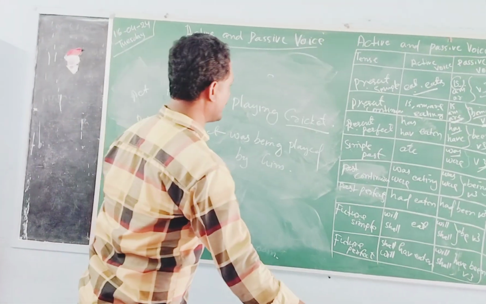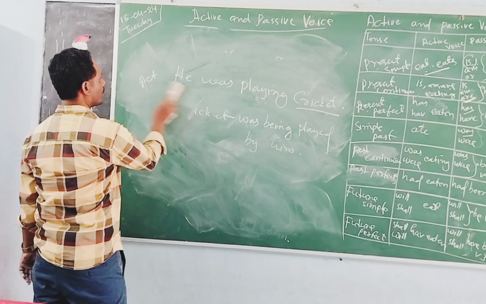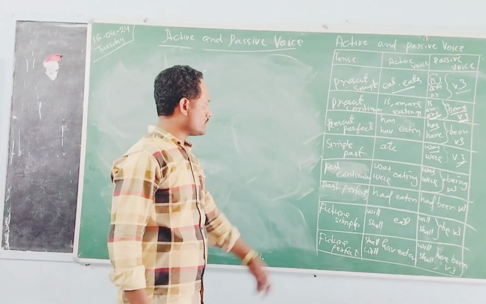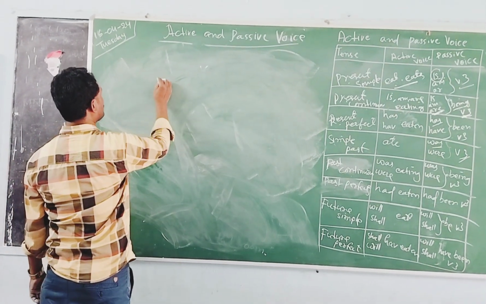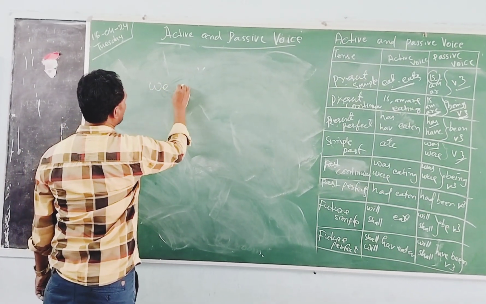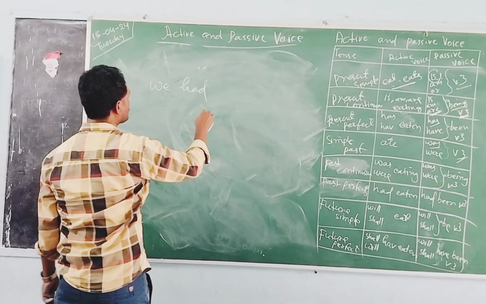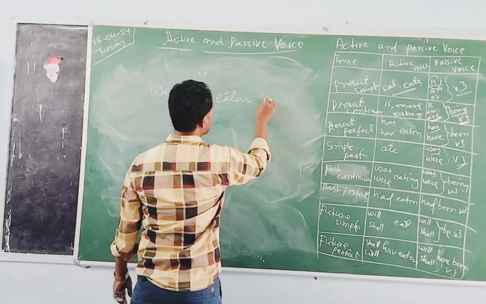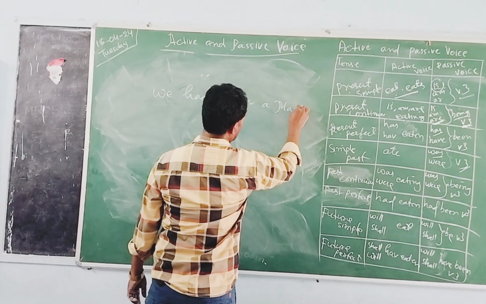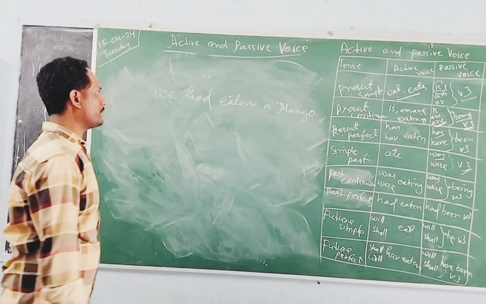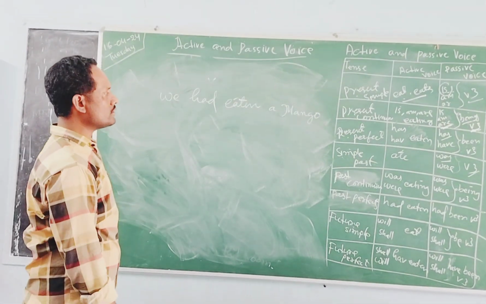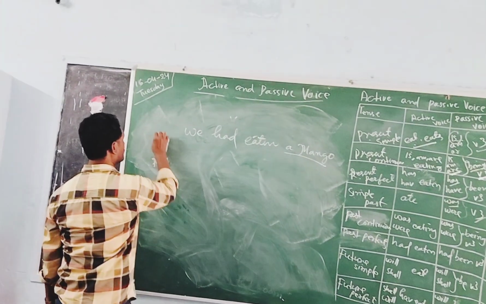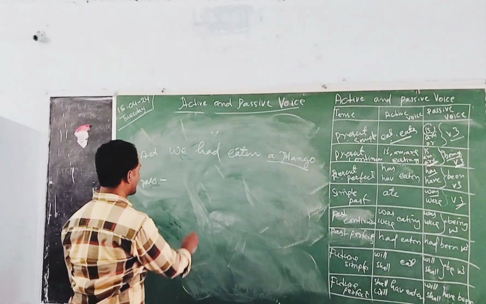This is past continuous. Next, let me move to past perfect. He had eaten a mango. This is past perfect. So take the object first, for passive form. A mango.